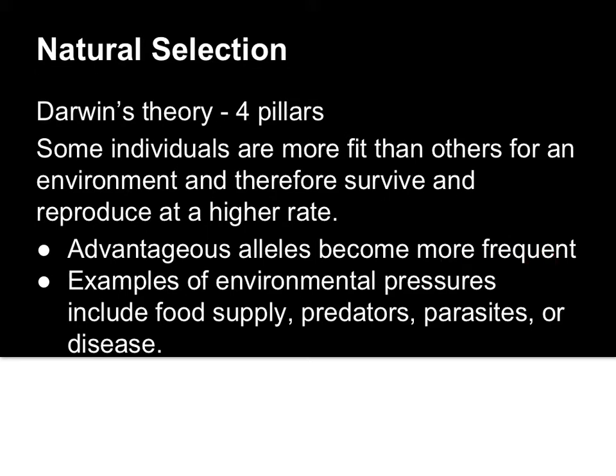Natural selection is driven by different environmental pressures: how much food supply you have, what kind of predators there are, and whether there are parasites or disease. If you're the faster animal and a predator is chasing you, hopefully the traits of the ones that are surviving are going to be passed on.